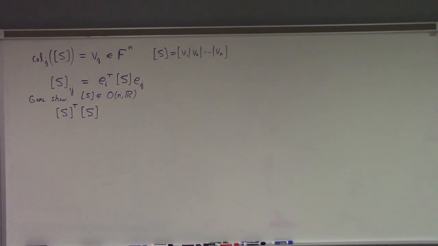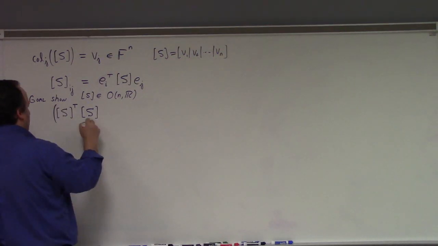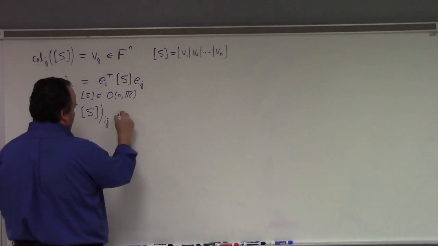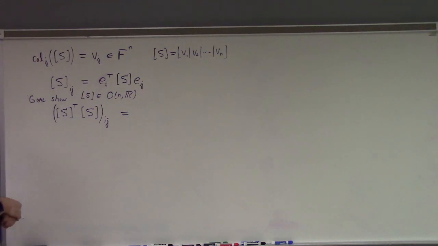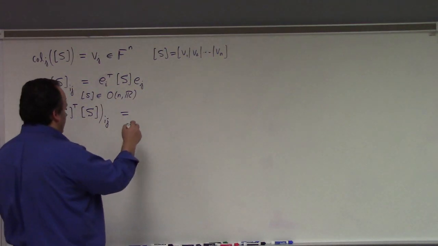Okay, so you guys tell me, what is the ijth component of this matrix equal to? Taking you all the way back to 221. What's your go-to formula for matrix multiplication? You take the ith row of the left factor dot product with the jth column of the right.